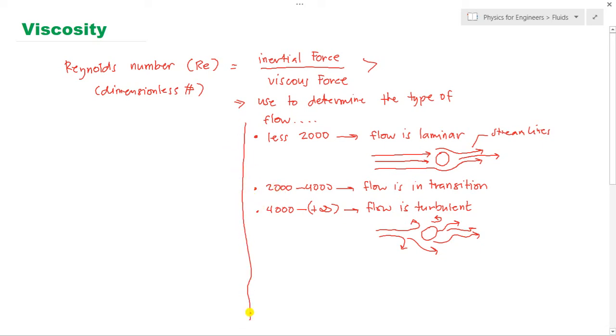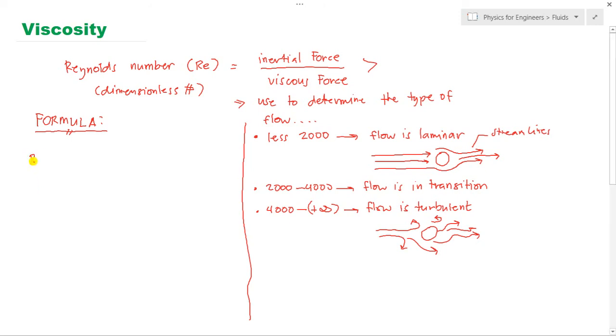For Reynolds number, ang iyang formula magbase sa inertial force and viscous force. Ang derivation niya masugatan ninyo sa inyong fluid mechanics subject.